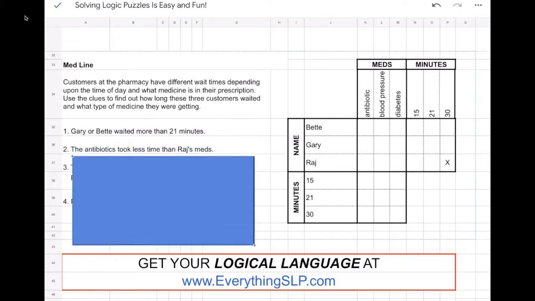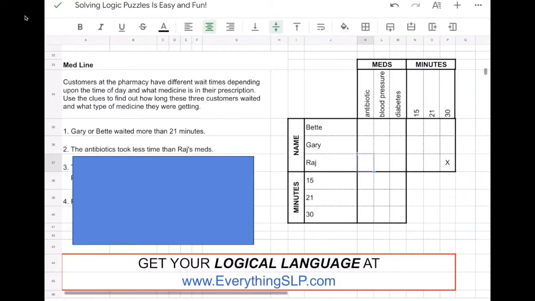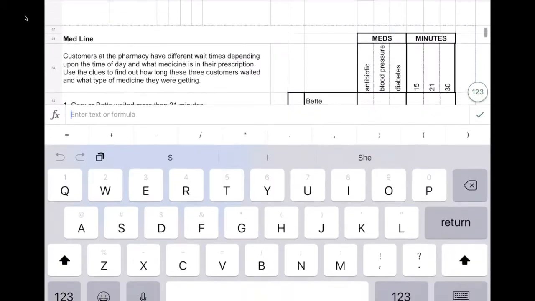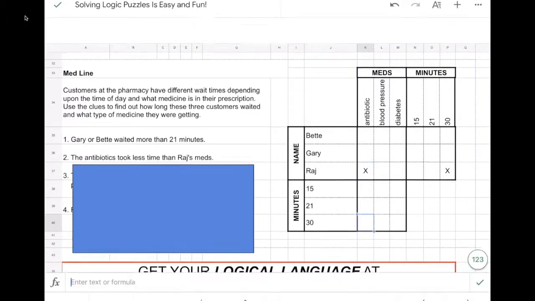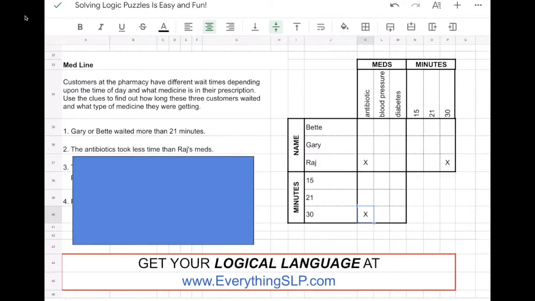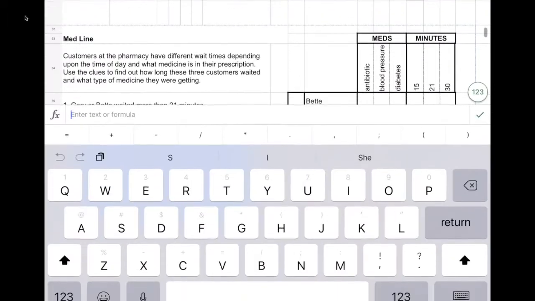The antibiotics took less time than Raj's meds. So we know that Raj did not get antibiotics because there was a time difference there. And let's see, antibiotics took less time, so that means they were not the slowest. And Raj's meds took more time, so they were not the fastest.